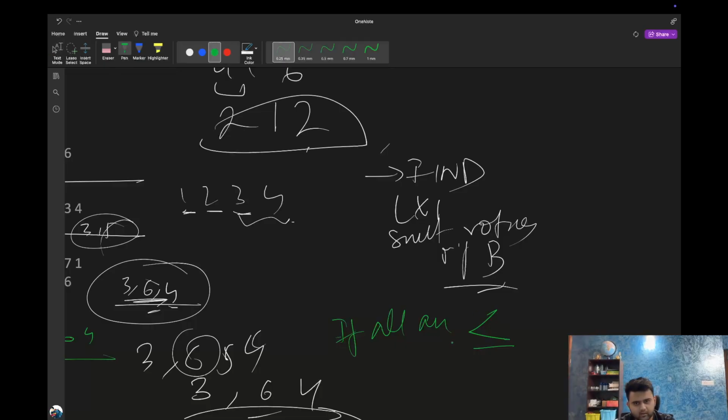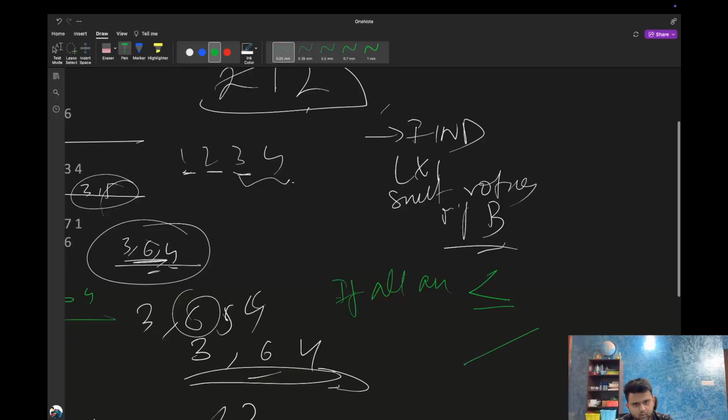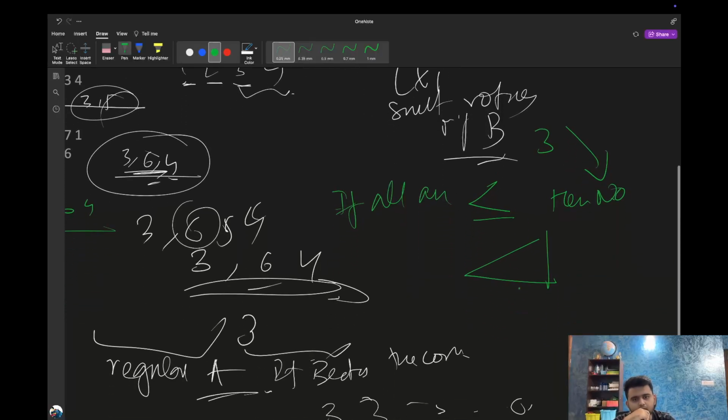So it's guaranteed that the permutation of B would be strictly greater. So whatever starting here will be continuing, but in case of A, if you have 3 and then a drop, then no, right?